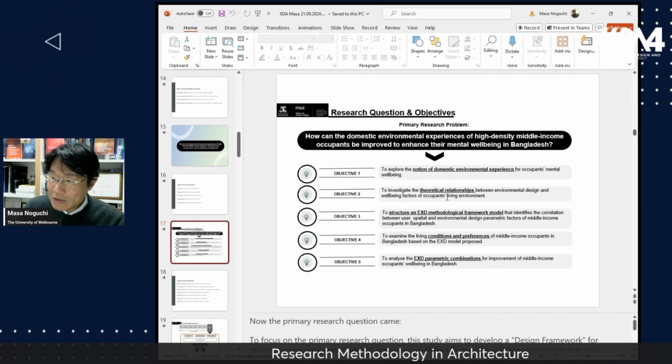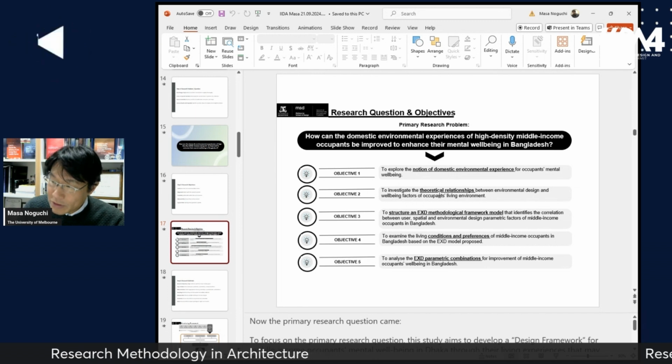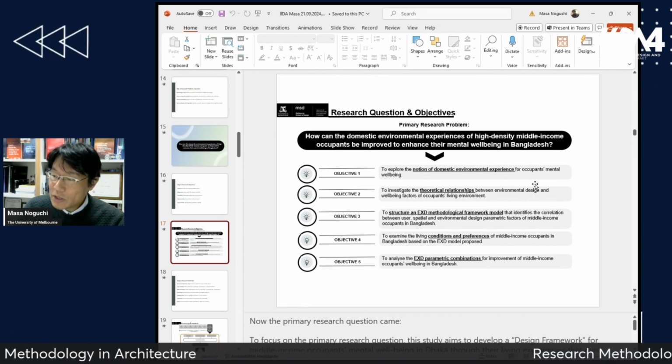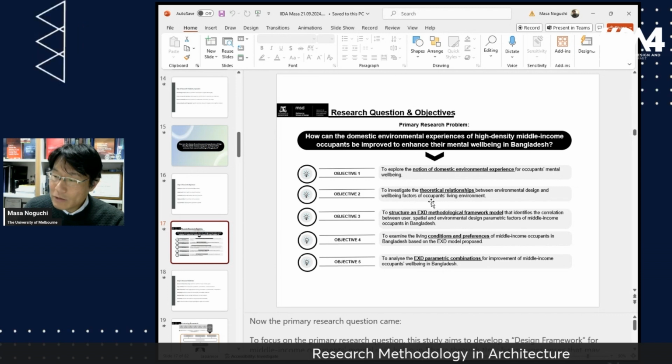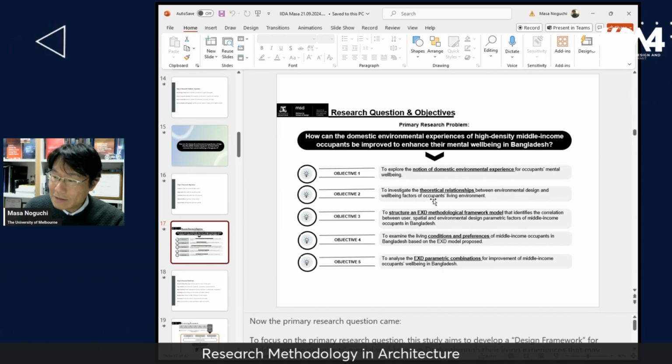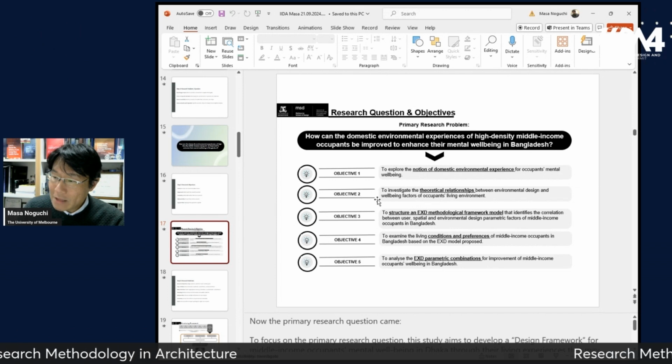He tried to understand the interrelation or theoretical relationship between the environmental design and wellness factors of occupants in domestic living. So this is objective two, to investigate.